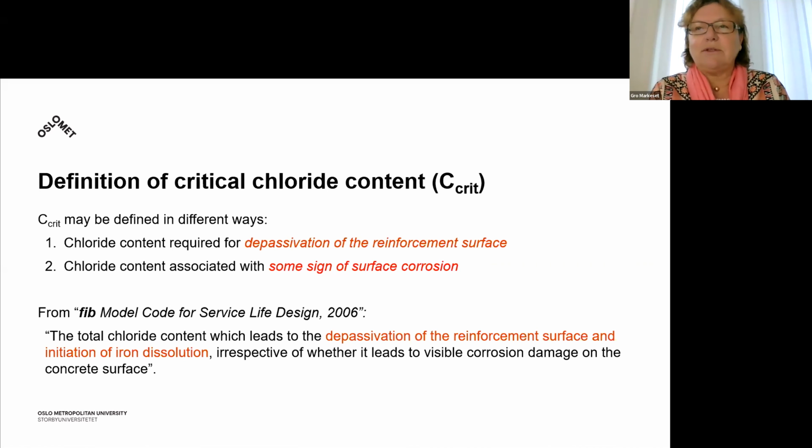And as mentioned also, the FIB Model Code for Service Life Design has this definition: the total chloride content which leads to the depassivation of the reinforcement surface and initiation of iron dissolution, irrespective of whether it leads to visible corrosion damage on the concrete surface. So this we need to have in mind when we are discussing the chloride content and the value of it.